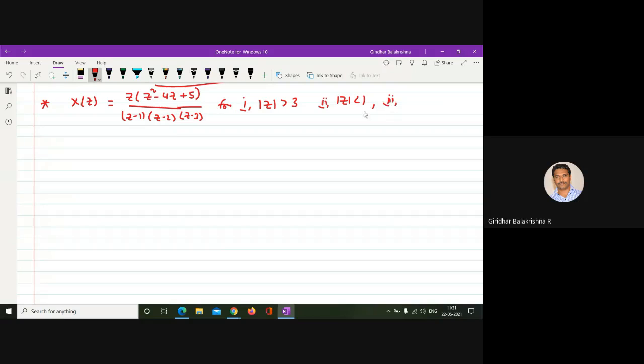And third case, mod z lies between 2 to 3. Using partial fraction expansion method.